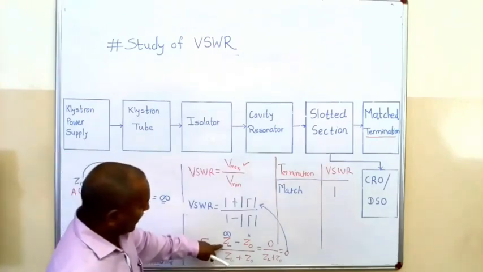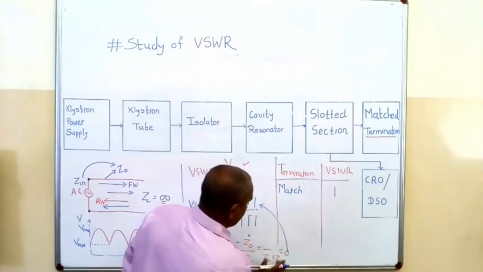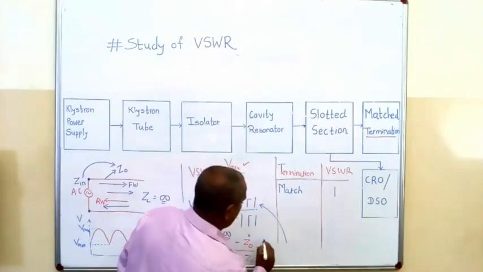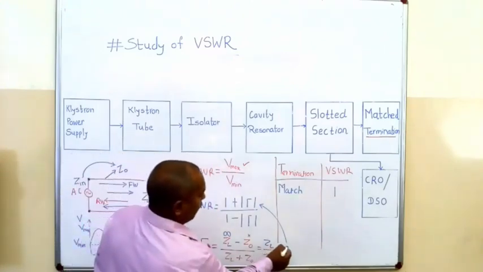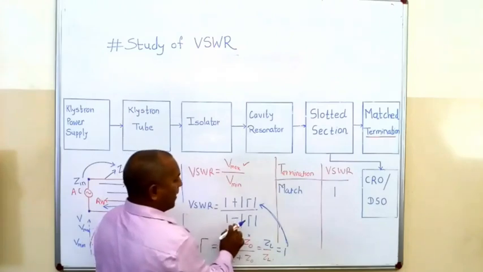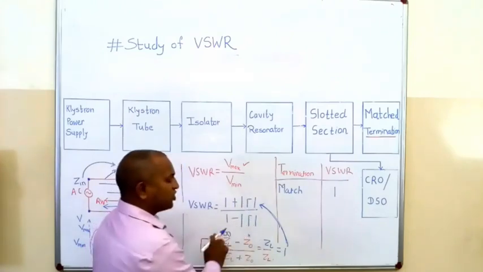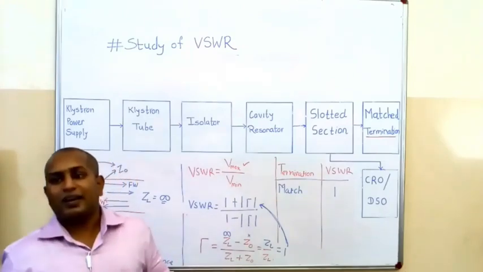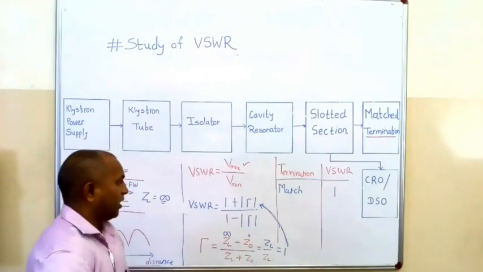So high divided by high, my reflection coefficient is nothing but 1. If we put 1 in this case, 1 minus 1 is 0, and something divided by 0 is infinity.